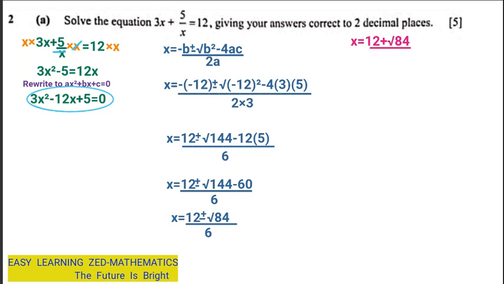Okay, so what I urge you viewers to do is get your calculator, then first you punch 12 plus square root 84. Okay, so when you punch that, you are going to have x is equal to 21.1651513899111.